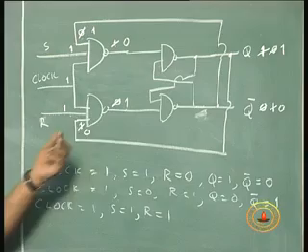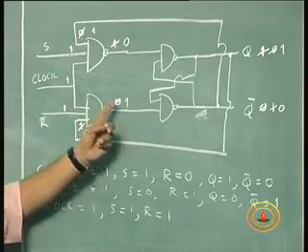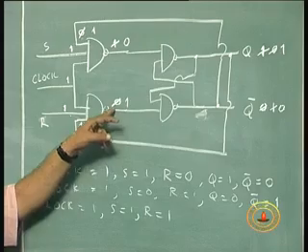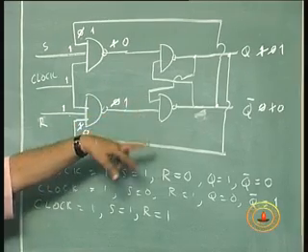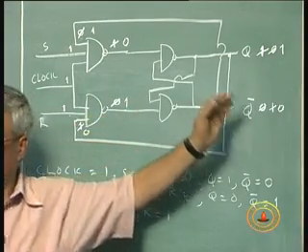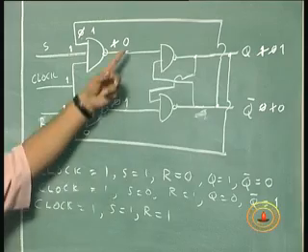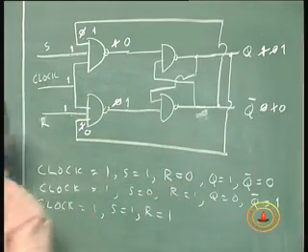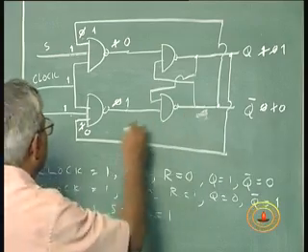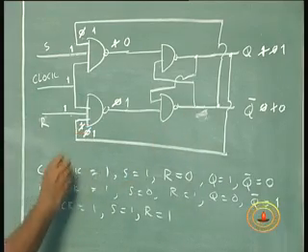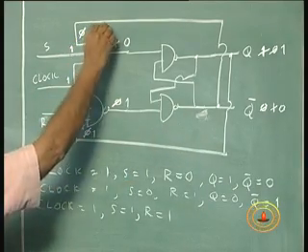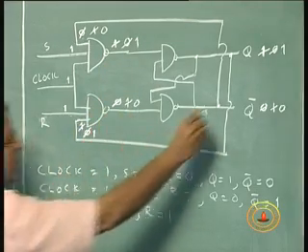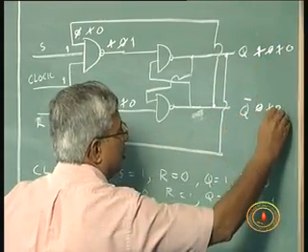So when I put 0 1, the output was 1 0, that 1 0 changed the output from 1 0 to 0 1, the 0 1 got fed back, made the inputs here 0 1, which made the output 1 0. I can go on repeating this. If I now get this 1 back, this becomes 1, this becomes 0, so 1 0 here makes it 0 1, keeps going.